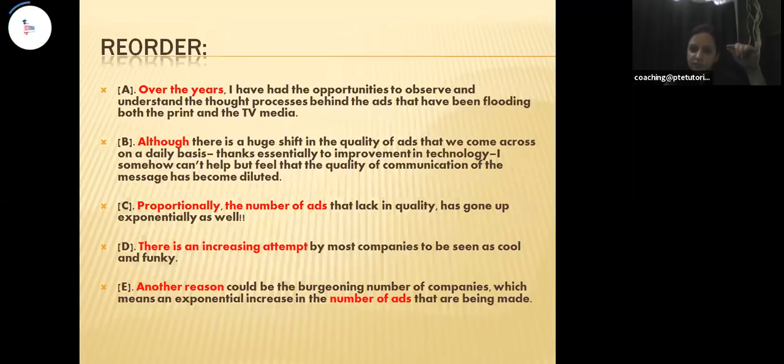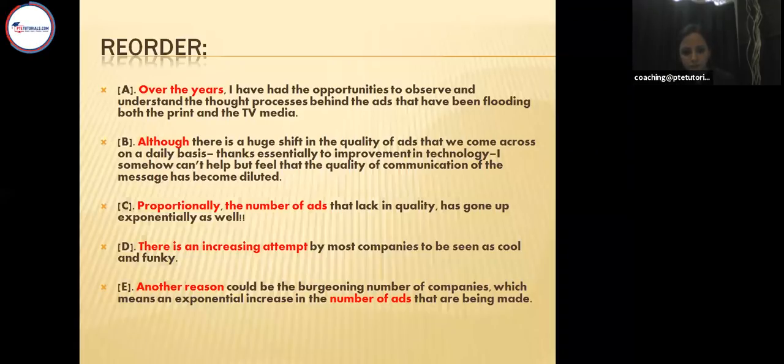We are observing this thing, although there is a huge shift in the quality of ads, it is entirely making that hook. So I'm getting, okay, A and B, they are in the pair. That we come across on a daily basis, thanks essentially to improvement in technology. How is this happening? Because of the technology improvement.